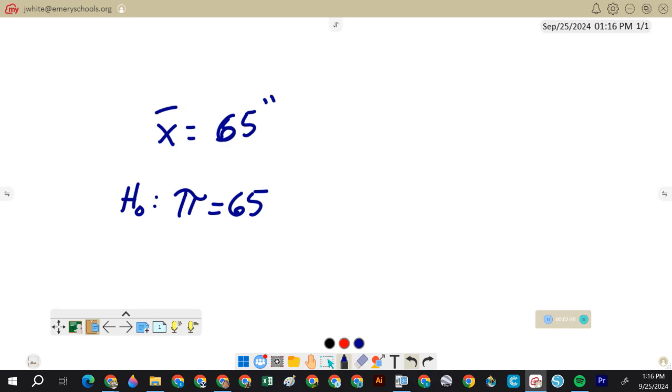No. Do I have any reason to assume that the sample is going to be bigger than 65? No. I have no reason to assume that's the case. So, my alternative hypothesis is just going to be pi is not equal to 65. Now you might say that doesn't matter. It does. It makes a huge difference.